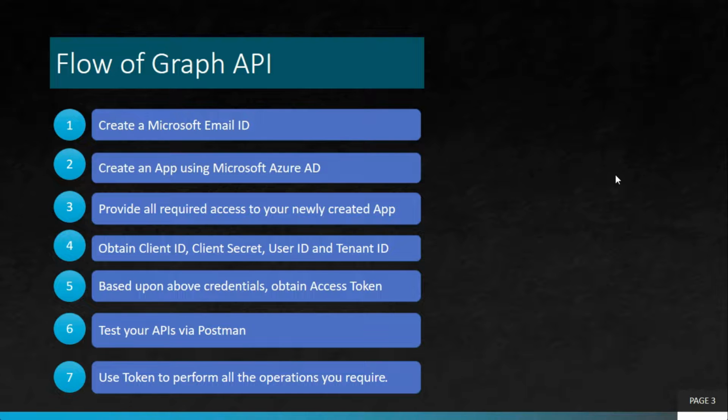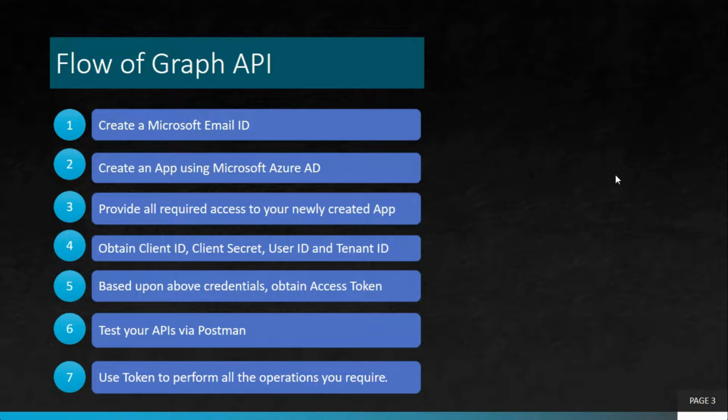The flow of Graph API is a bit typical. So you start with creating a Microsoft email ID, and then using that you create a Microsoft Azure AD application. And when we say AD, it is Active Directory, and via that only you can access your email ID. And then you provide all required access to your newly created application.